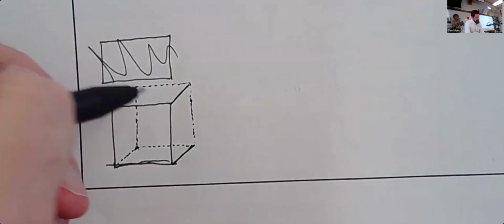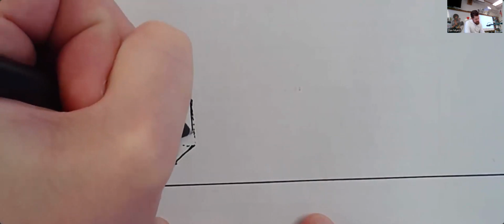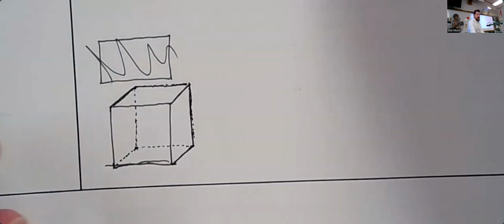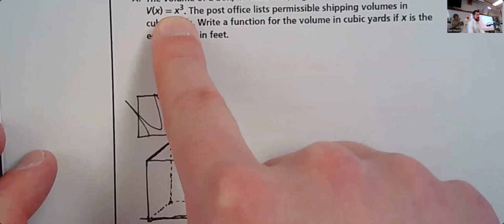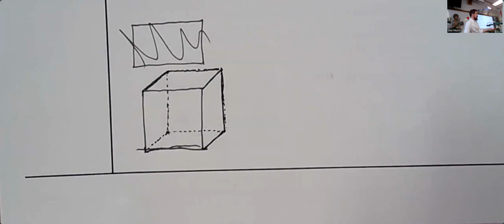Then I'm going to fill in the top back one solid, and the right one solid as well. And so there's our cube. The reason we know it's a cube is because it says the volume is x cubed, which means all the lengths, the widths, and the heights are all the same.